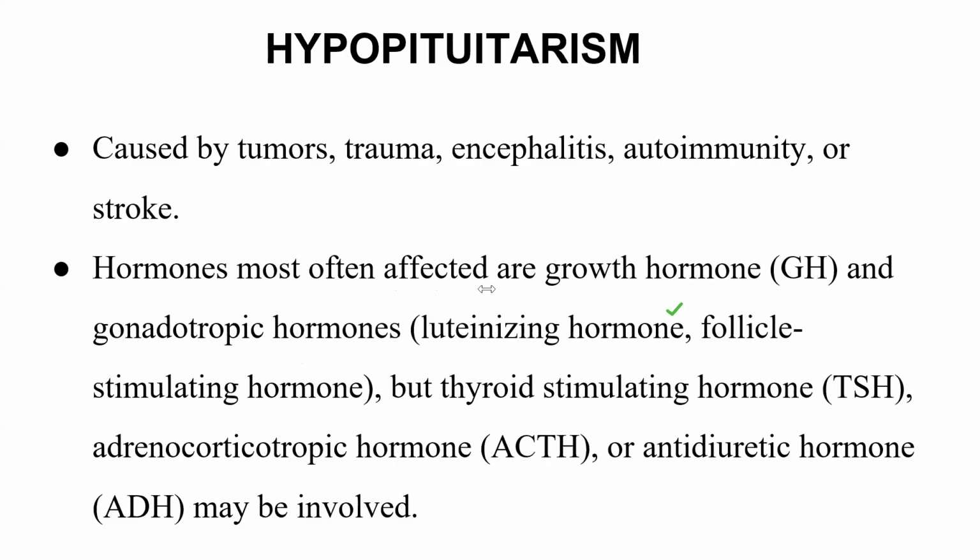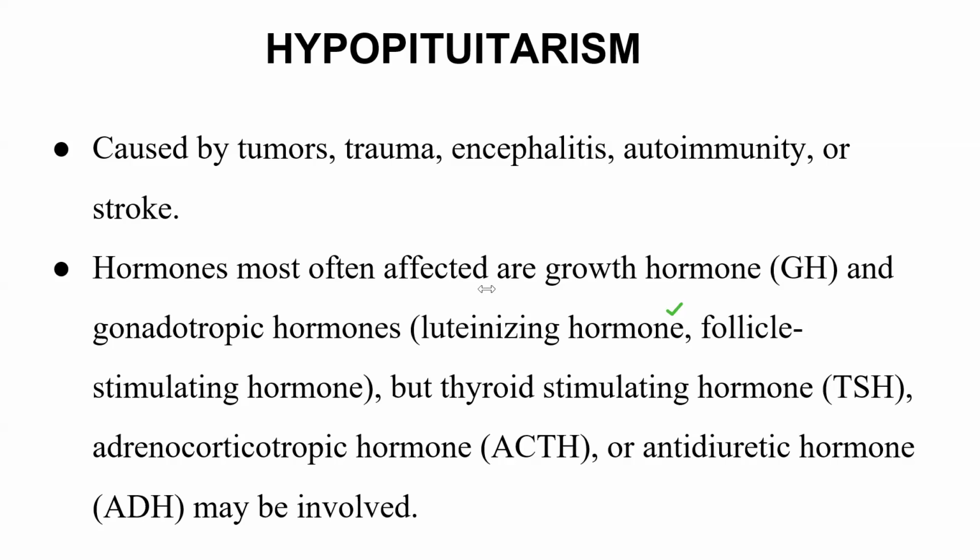So what is hypopituitarism? Hypopituitarism simply means that the pituitary glands are not secreting enough. Hypo simply means inadequate, right? So what could be the reason? This could be as a result of tumor, trauma, encephalitis, autoimmunity, or stroke.